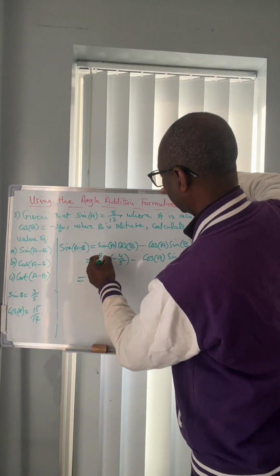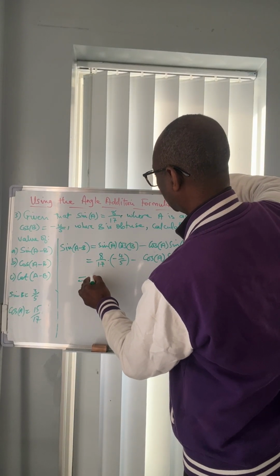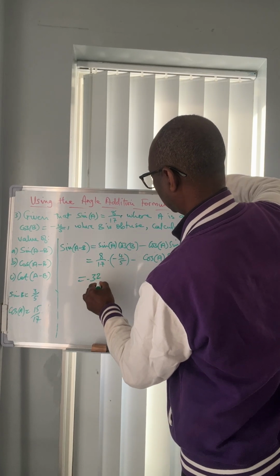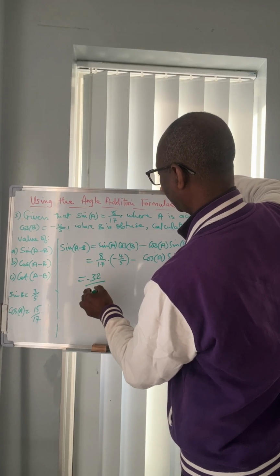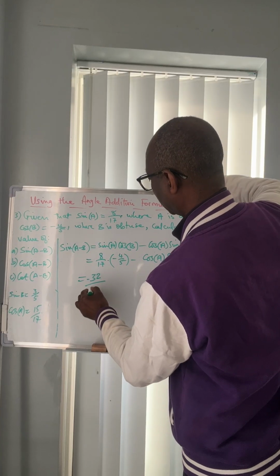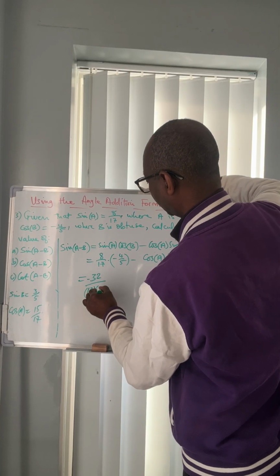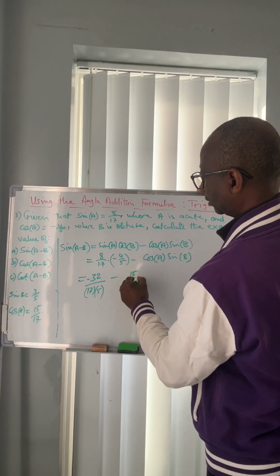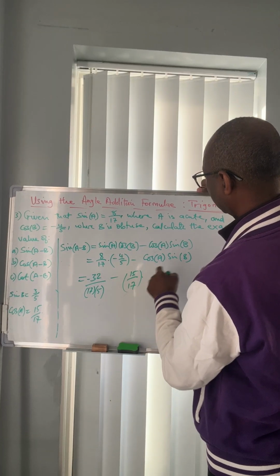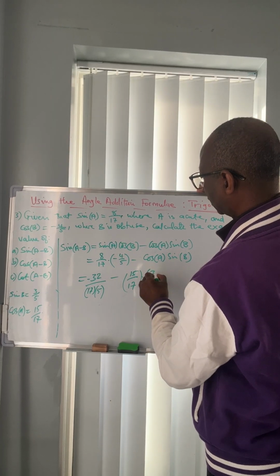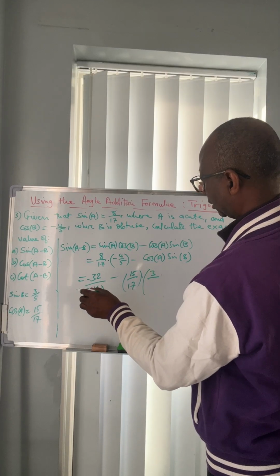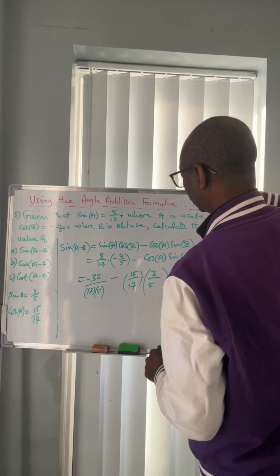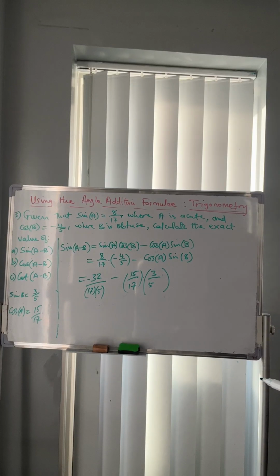We now have minus 32 all over 17 times 5, minus the cosine of A, which is 15 over 17, times the sine of B, which is 3 over 5.